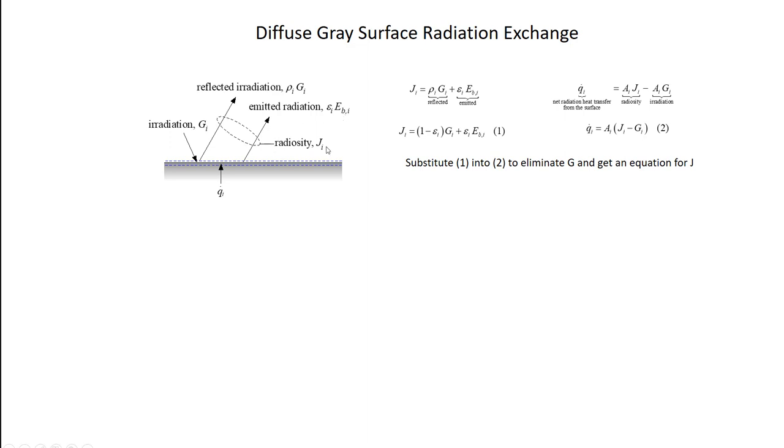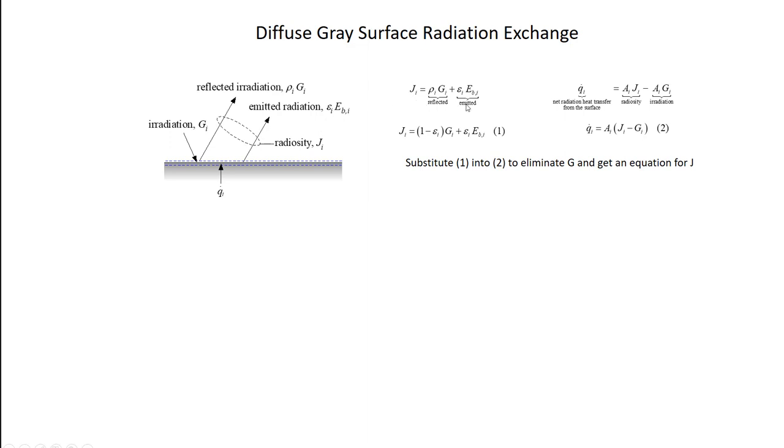So the radiosity is how much radiation leaves this surface, right? The radiosity must be composed of however much of this irradiation is reflected, so this is rho times G, and then also how much radiation is emitted by the surface itself, so that's emissivity times the black body emissive power.